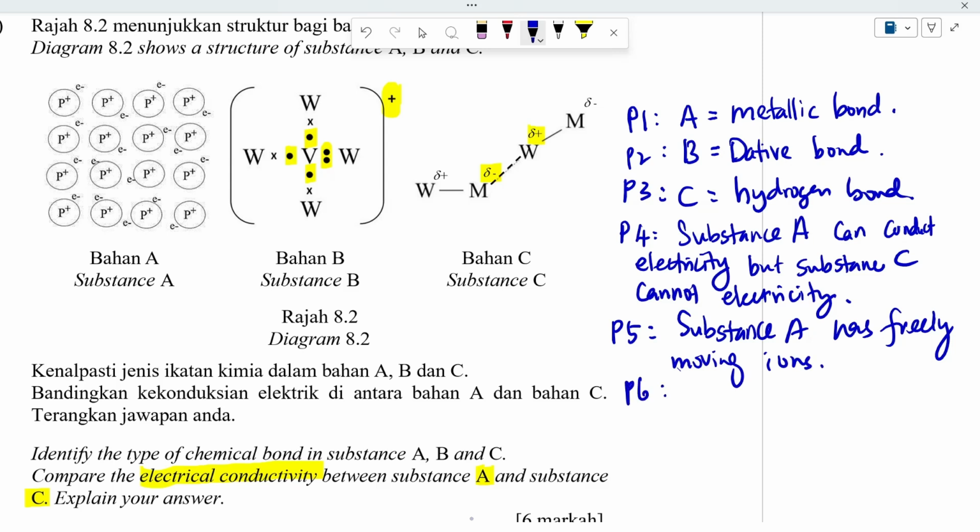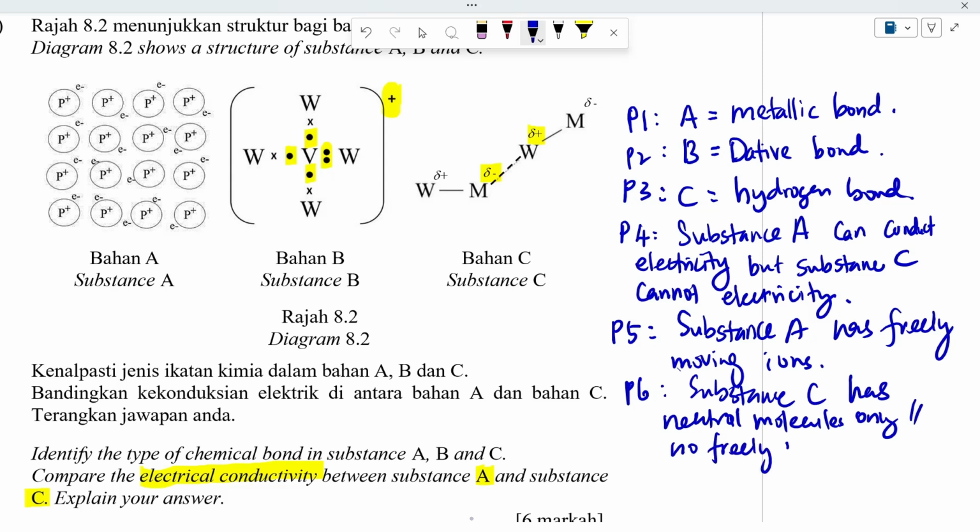Point number 6: why can C not? C has neutral molecules only, or you say no freely moving ions. So altogether 6 marks.